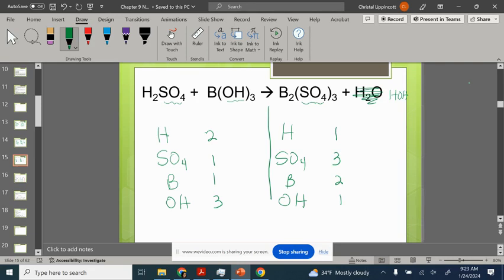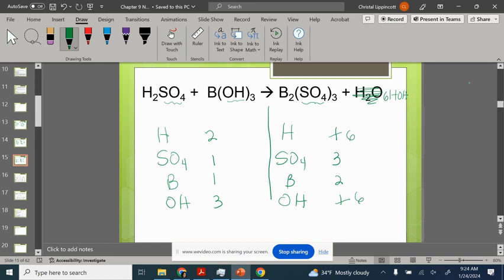All right. I need to get, I'm going to start, put a 2 there. That's not going to help, because I'm still going to have issues with my oxygen or my OHs here. So I get a 3. If I do a 3 there, that's not going to help. So I'm going to start by putting a 6 here. It's going to be 6 of these and 6 of these.